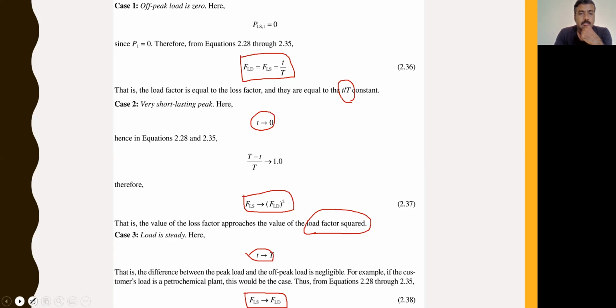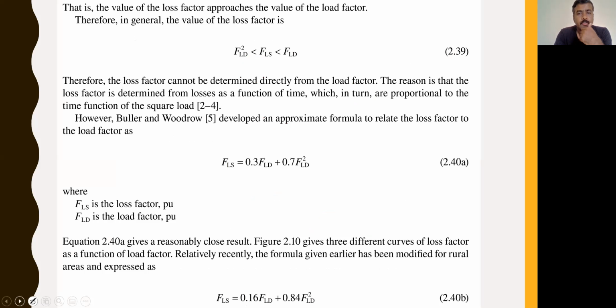So these three cases we need to assume, and we can develop one simple relation between these two: the square of the load factor is less than the loss factor, which is less than the load factor.